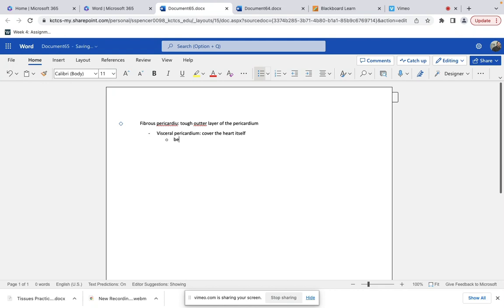In between the visceral and the fibrous is the pericardial cavity, which will have a small amount of fluid, allowing them to move back and forth on each other, right? So the fibrous pericardium is this tough outer layer.